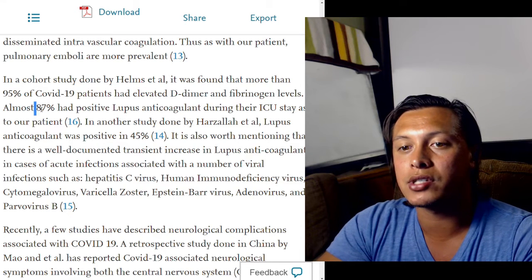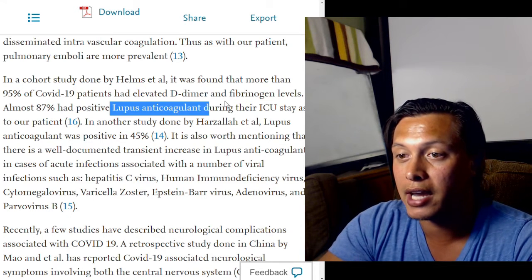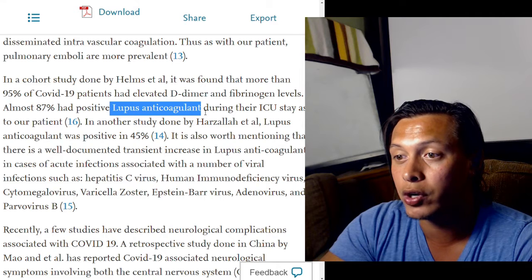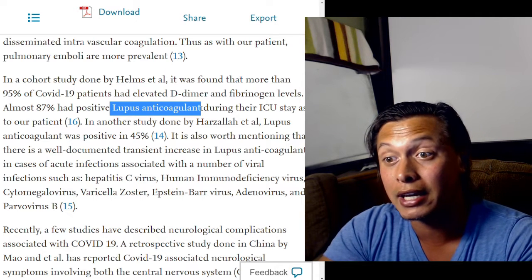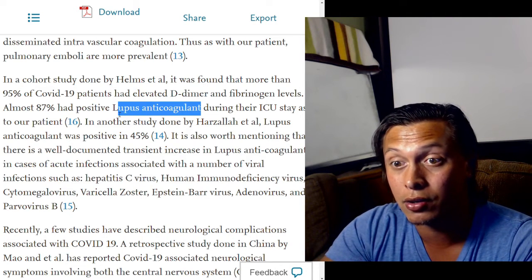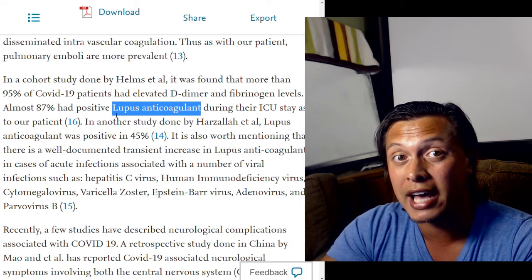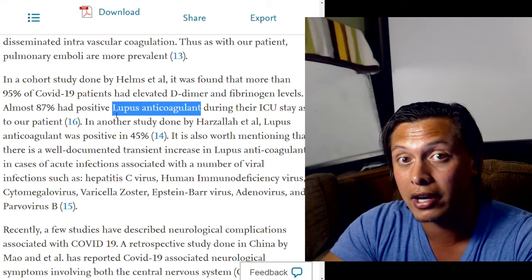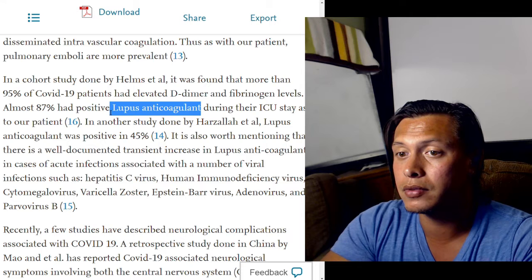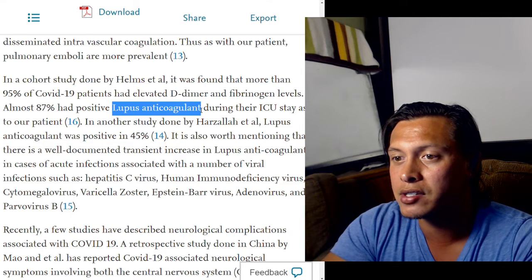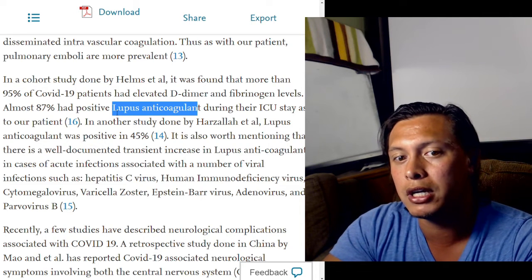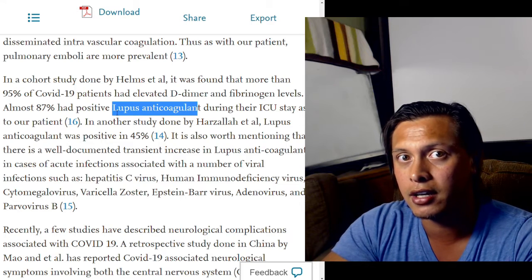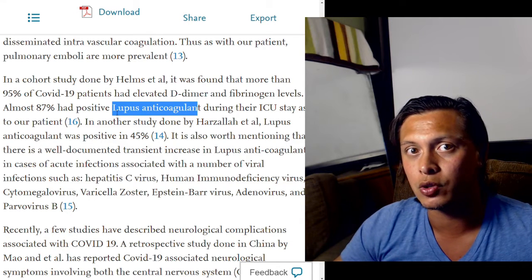Anyways, almost 87% had positive lupus anticoagulant during their ICU stays, so they are making an antibody that is attacking their own phospholipids. That is a problem, and that can cause coagulation. I'm guessing what could cause this would be if you have a bunch of cells that are dying and releasing their phospholipids into the environment.